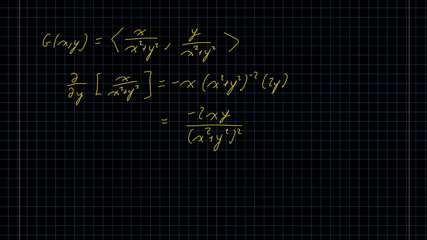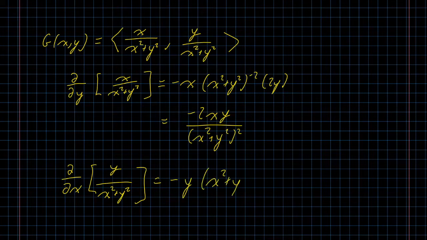Now, if I take the derivative with respect to x of the y component, y over x squared plus y squared, I get constant y, x squared plus y squared to the negative first, multiplied by the power negative 1, raised to the next lower power negative second, multiplied by the derivative of the stuff inside.